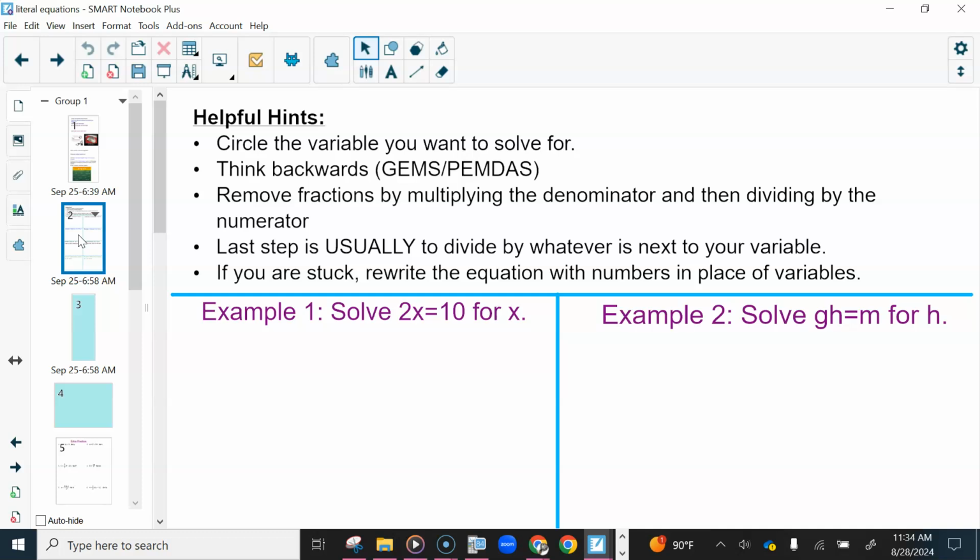So think of the same sort of rules that you would use just to solve equations. Use your order of operations if you need them. Usually there's not a whole lot of distributing, but if that happens, do that. Think about how you would get rid of fractions, how you get rid of whatever's next to the variable, things like that.